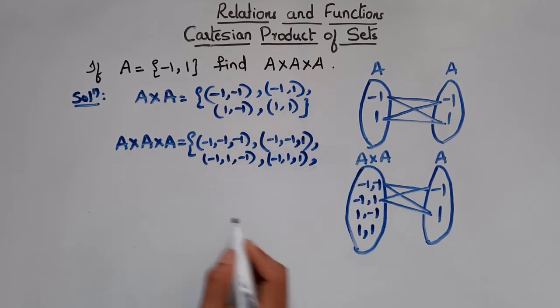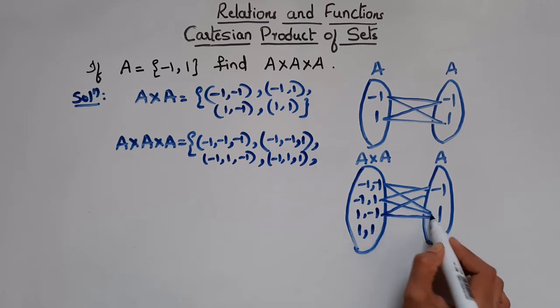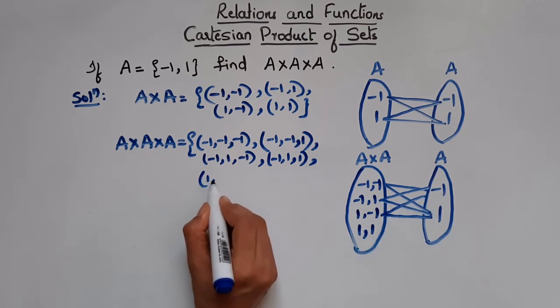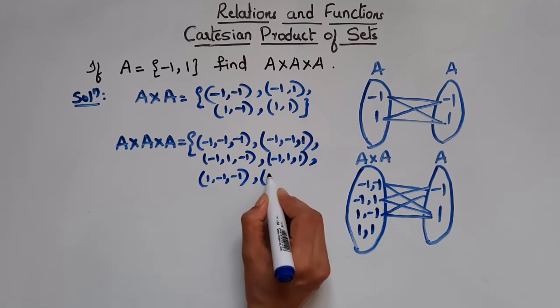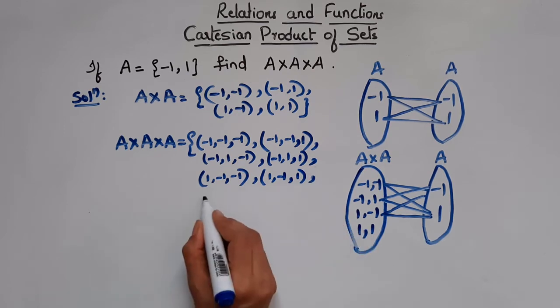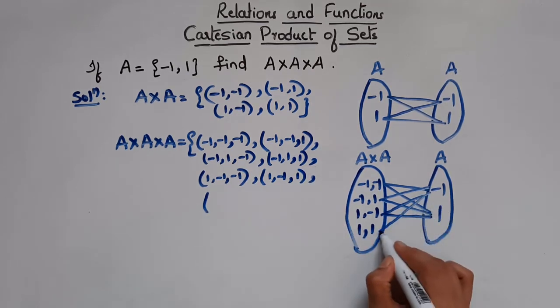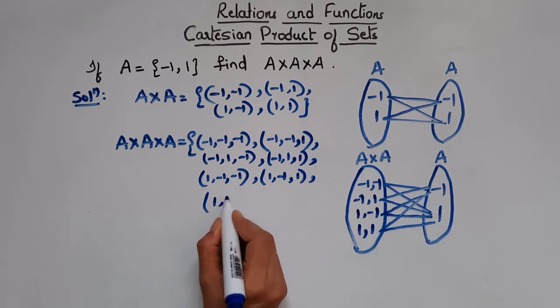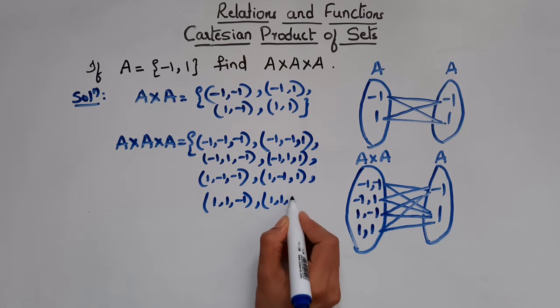This is comma. And next we will pair this with this and this, right? So that is 1, minus 1, minus 1. And next we have 1, minus 1, 1. Similarly, with the last element, this with this and this. So 1, 1, minus 1, and we have 1, 1, 1.